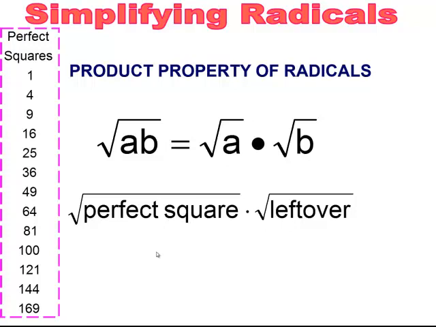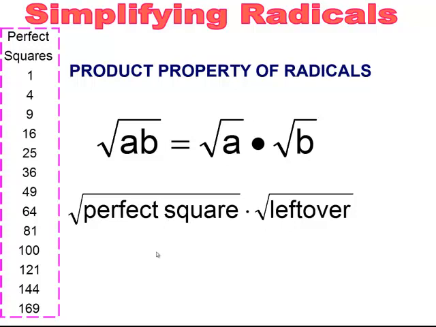This list comes from 1 times 1 is 1, 2 times 2 is 4, 3 times 3 is 9, 4 times 4 is 16. I'm just mentally squaring in numerical order. Now, if we had a perfect square under the radical, it would simplify to a whole number. If we do not, we're going to have to simplify the radical.